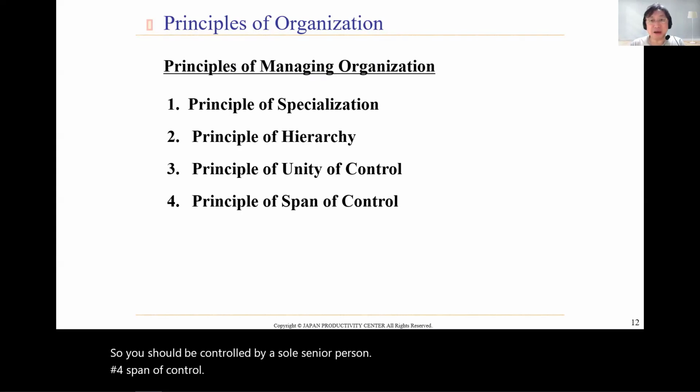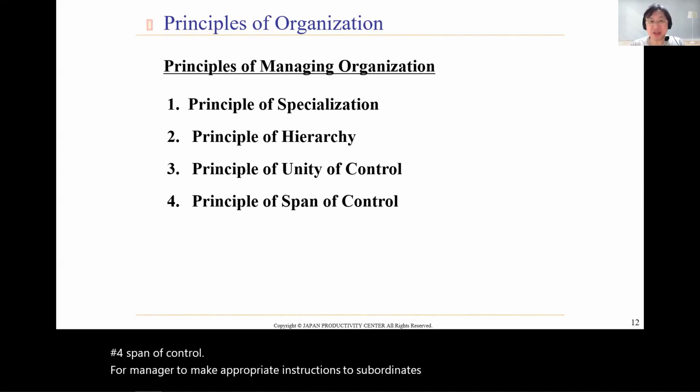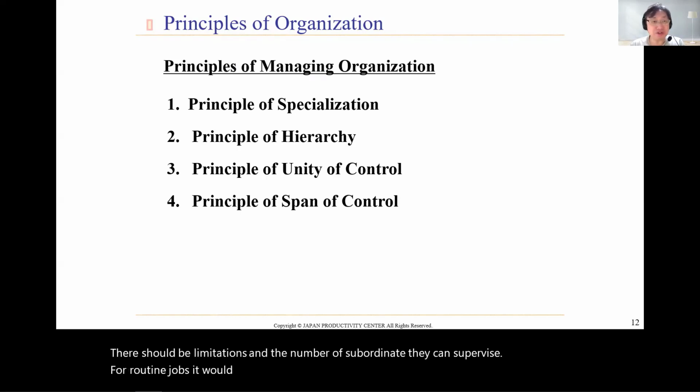For a manager to make appropriate instruction to subordinates with understanding their situations, there should be limitations in the number of subordinates they can supervise. For routine jobs, it would be around 20 persons. For non-routine jobs, around 10 persons.